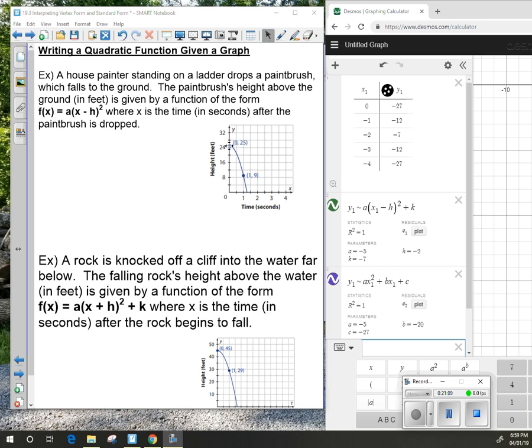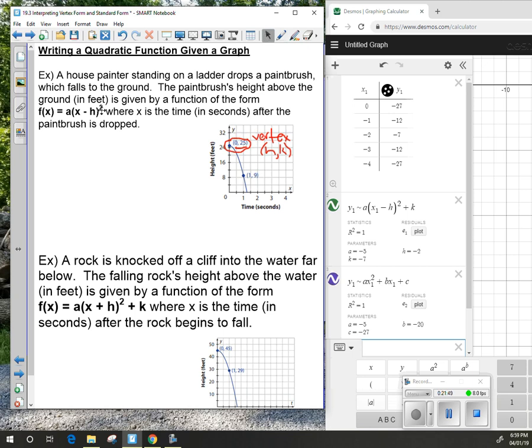We know since the paintbrush is dropping from this point up here, this point up here is my vertex. And if you remember from the Station 2 19.2 notes, the vertex is always your h and then your k value. Always, always, always.